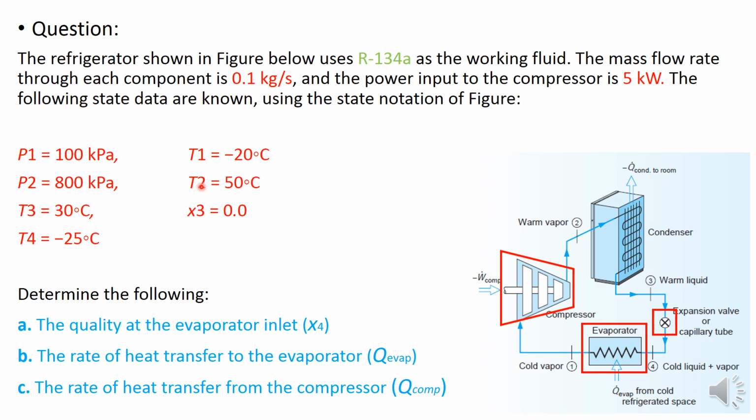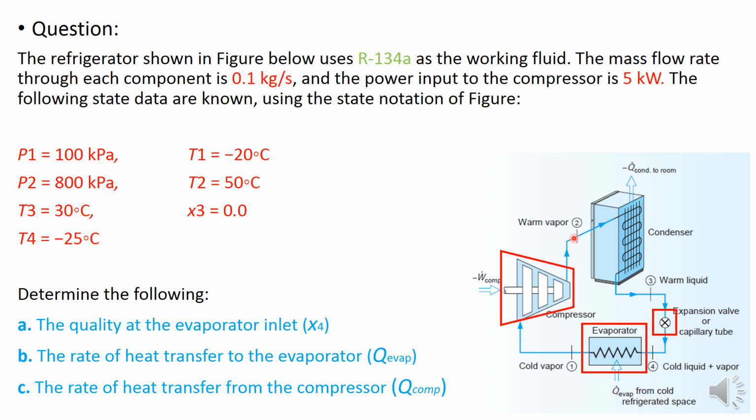P1 and T1 means here at this state the pressure and temperature of R134A is 100 kilopascal and minus 20 degree Celsius. P2, T2, that means after it comes out of the compressor, its state is pressure 800 kilopascal and temperature 50 degree Celsius.